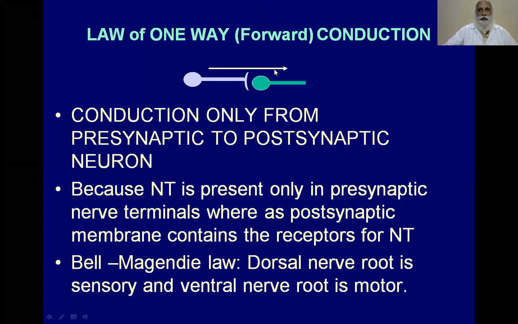It cannot be from motor to sensory. This is because neurotransmitter is present only in the presynaptic nerve terminals, whereas the postsynaptic membrane contains the receptors for the neurotransmitter. So it cannot occur in the reverse direction. The Bell-Magendie law: the dorsal nerve root is sensory, the ventral nerve root is motor. Simple.